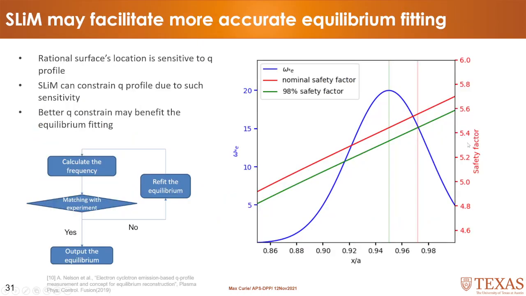For low magnetic shear cases, we found that the placement of the rational surface is highly sensitive to the safety factor.